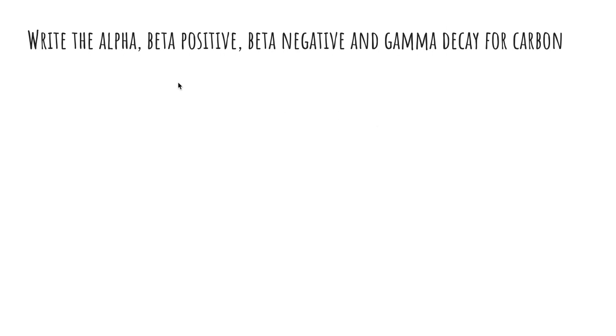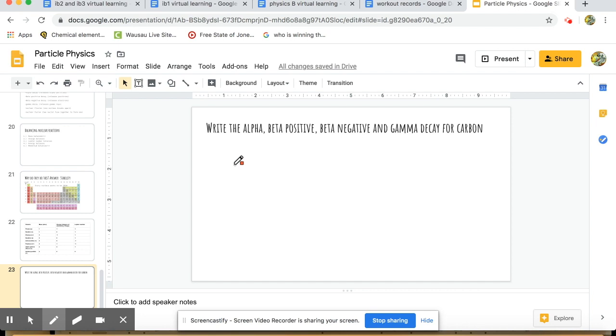All right, so we're going to start off with this example here. We're going to write the alpha reaction, the beta positive reaction, the beta negative reaction, and the gamma reaction for carbon. So starting with carbon, what we'll do is write the symbol for carbon as C. And let's do alpha decay.